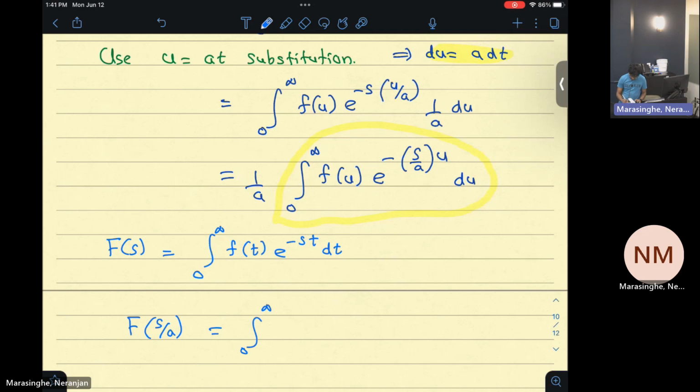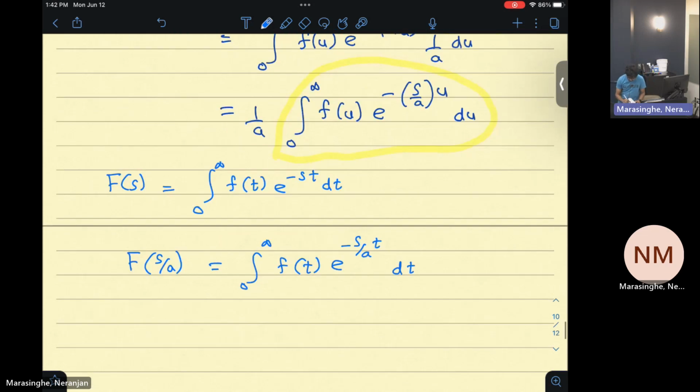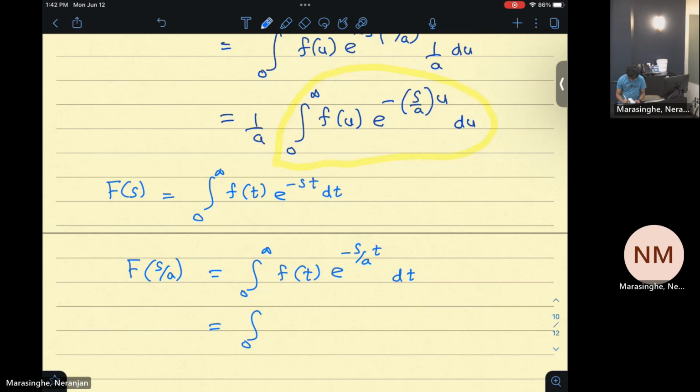If you replace s by s over a, you would get f(t) e to the minus s over a times t dt. Right. Now we know that a definite integral is independent of the variable. So instead of t, I can insert u. So instead of t, I would write u: f(u) e to the minus s divided by a times u du.